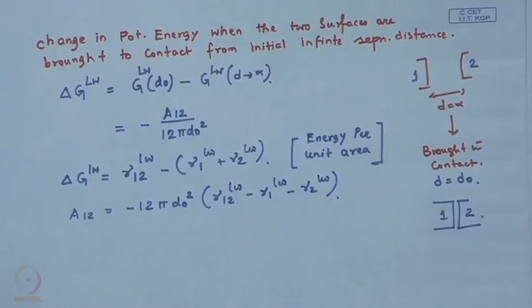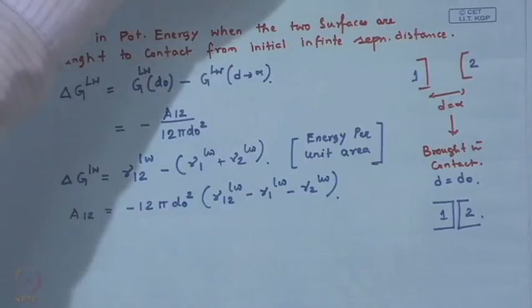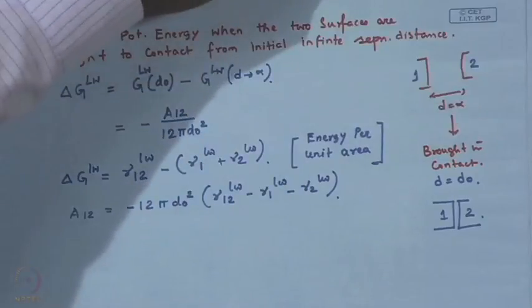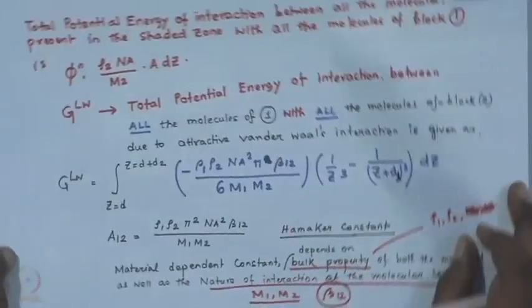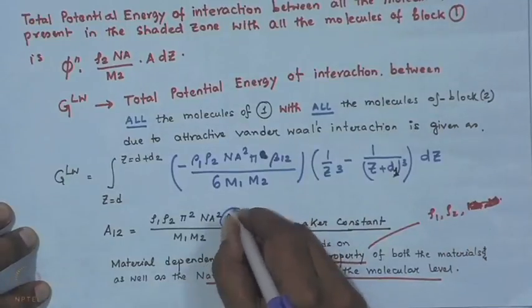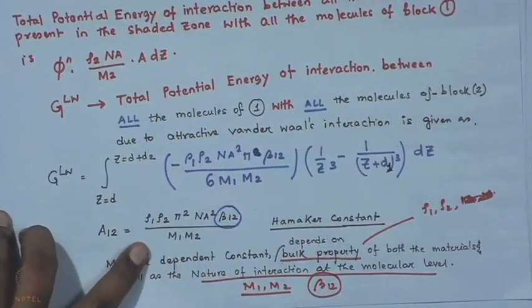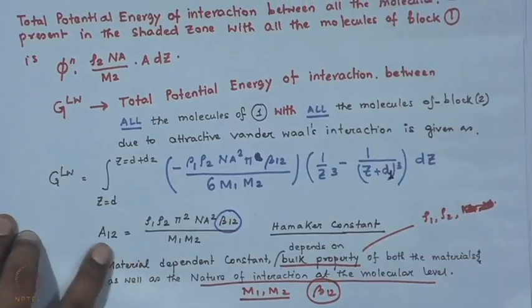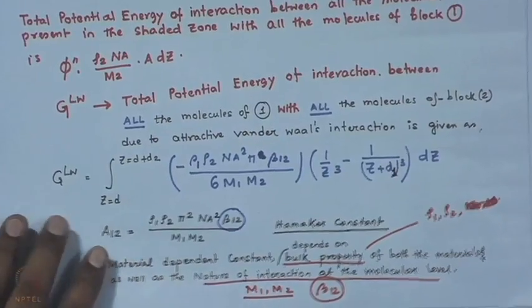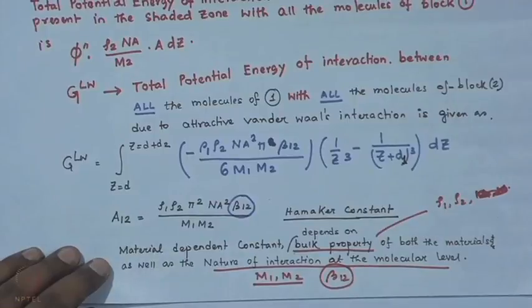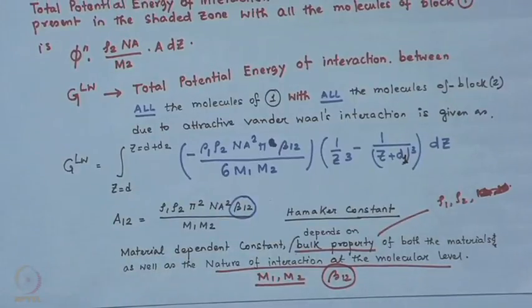So, the biggest advantage now is that the expression of A12 which we had was in terms of beta 12. Other parameters are all known, Avogadro's number, density and the molecular weights, but this beta 12, which was representing the strength of van der Waals interaction, is a parameter which has to be experimentally determined, maybe spectroscopically, and determination of this parameter is slightly difficult.